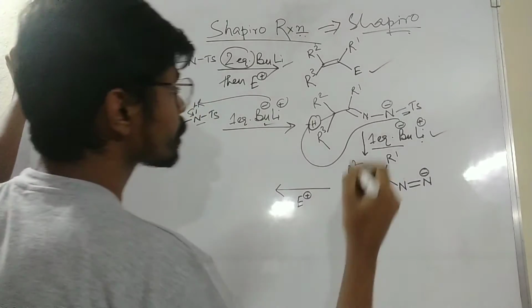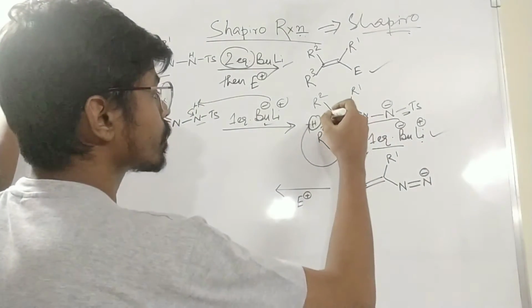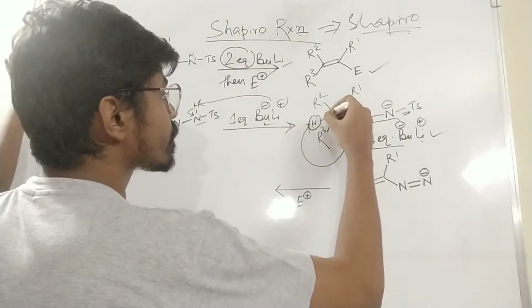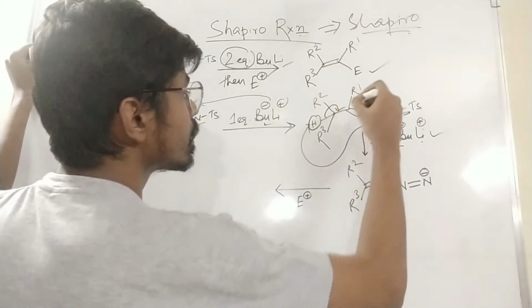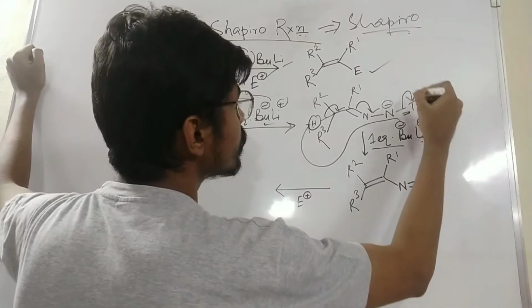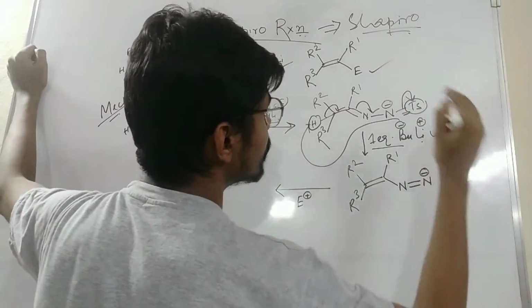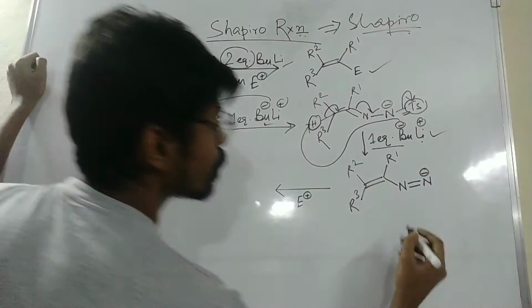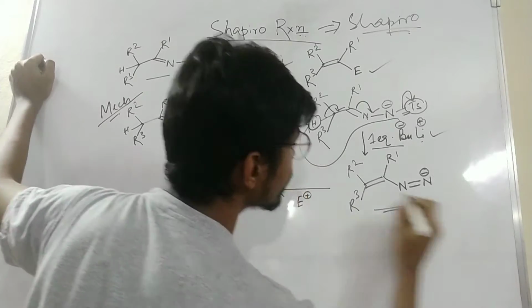Now after abstraction of this proton, this electron will migrate here, then this bond will migrate here, and that tosyl group, which is a good leaving group, will leave. So this compound will generate.